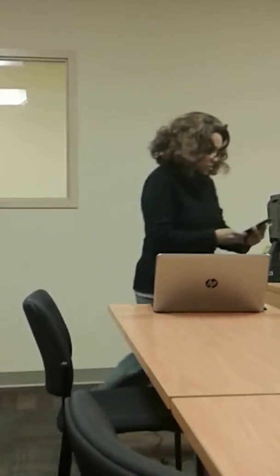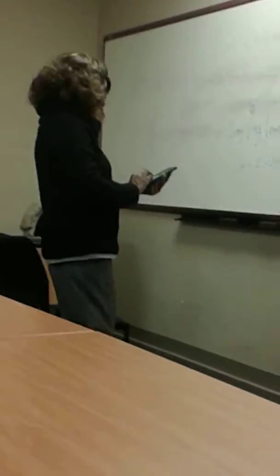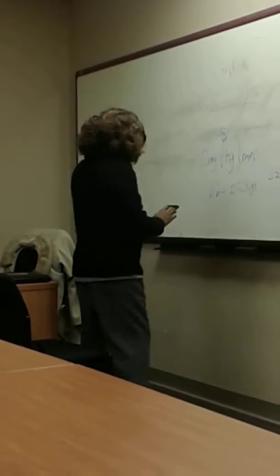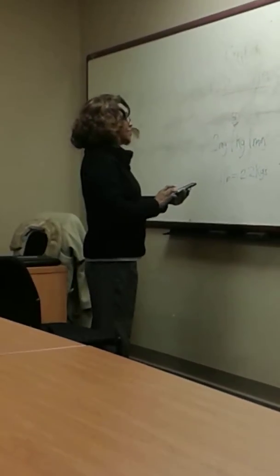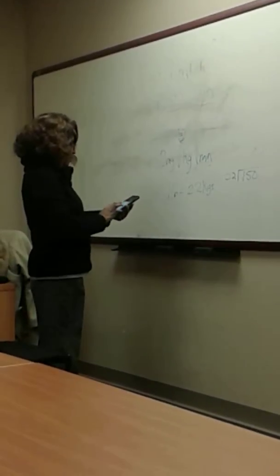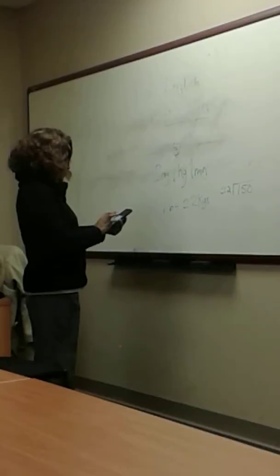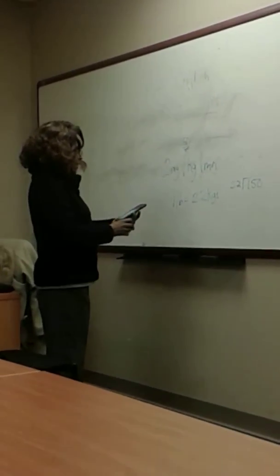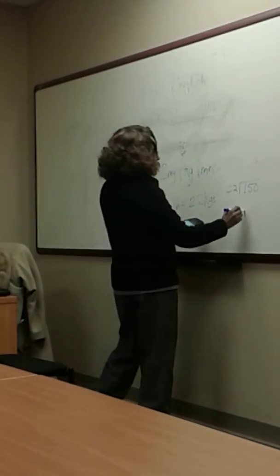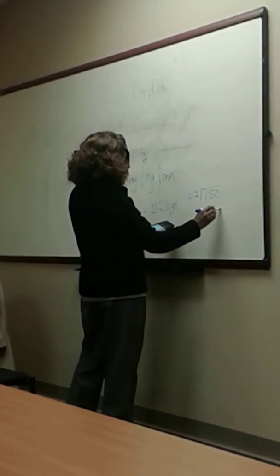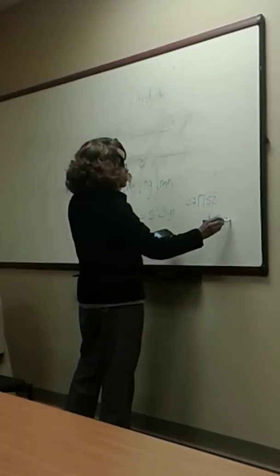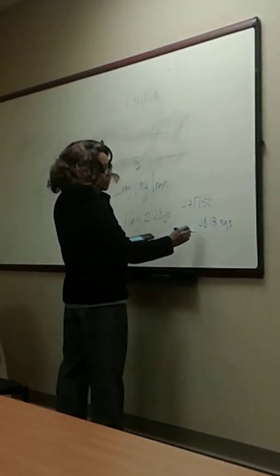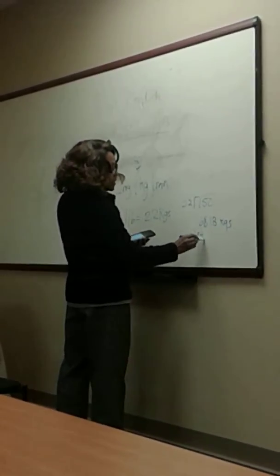So I'll take out my trusty calculator and I'll calculate that. 150 divided by 2.2 is 68.18 kilograms, which would just be 68 kilograms.